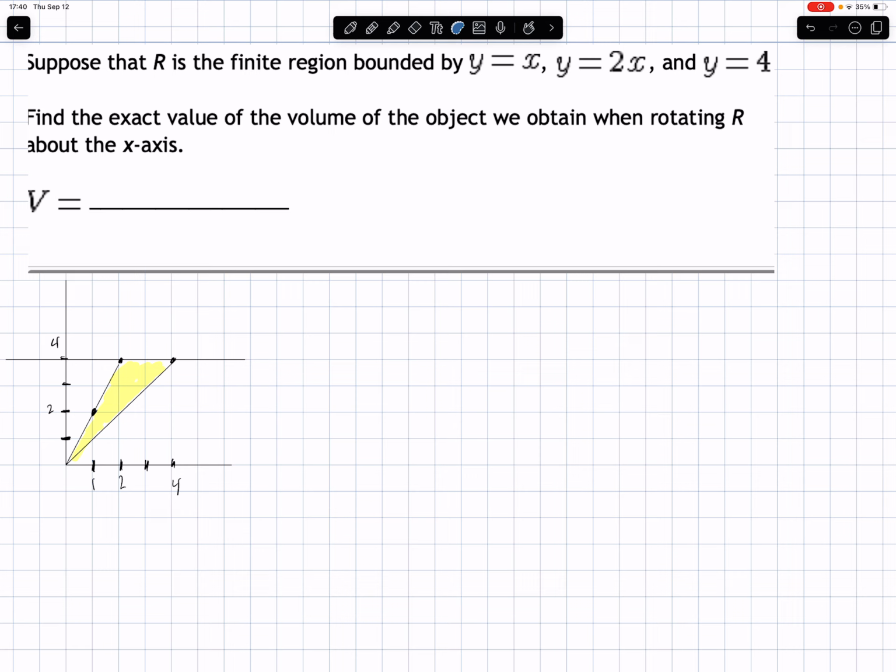Okay, so for this one, the axis of revolution is the x-axis. So we want the shells parallel with the axis of revolution.